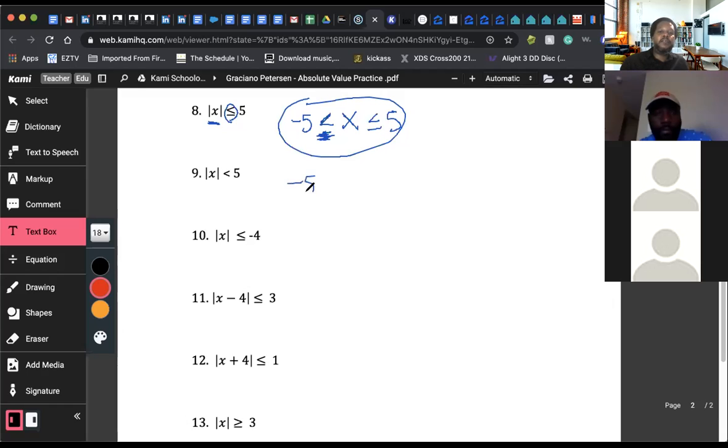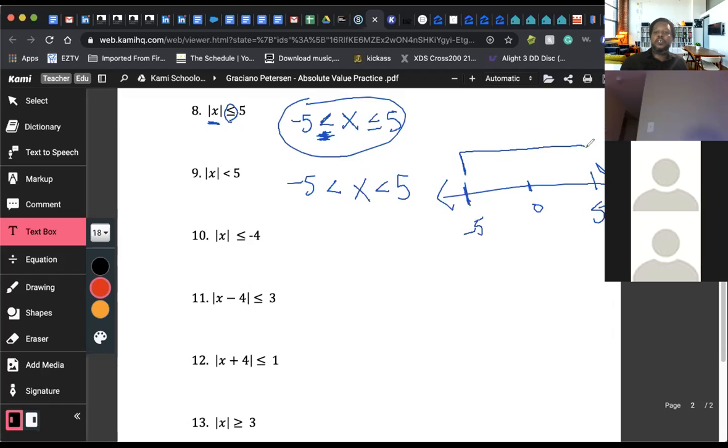It will just be -5 is less than x, but x needs to be less than 5. So that means the only place that x can exist, if I were to put that on a number line graph, the only values that x can be is in between -5 and 5, right?